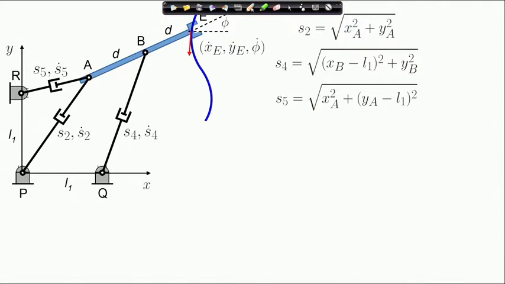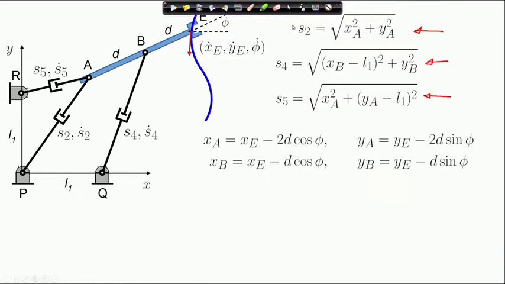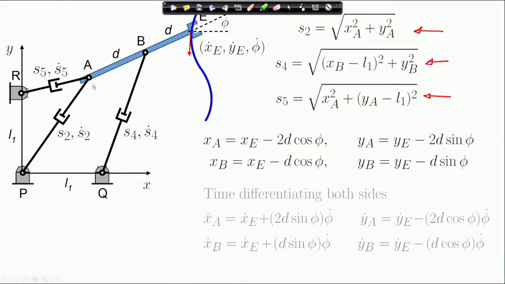We have these displacement relations in terms of the coordinates of point A. So, here we have point A. We have related the coordinates of point A in terms of the end effector coordinate and the orientation angle phi.